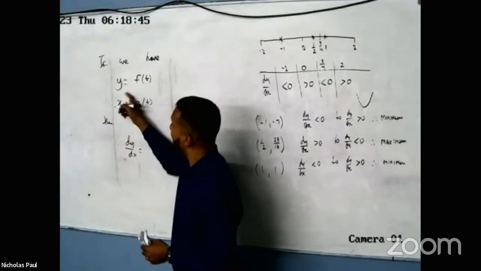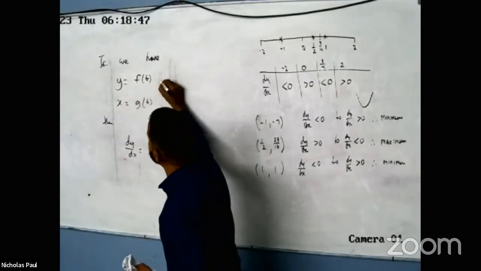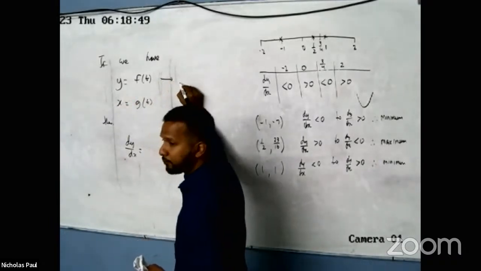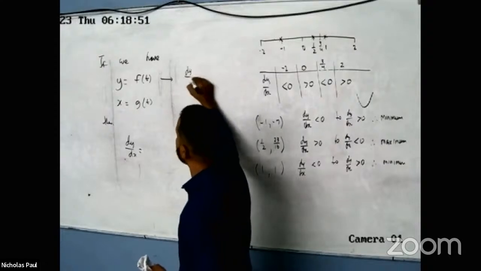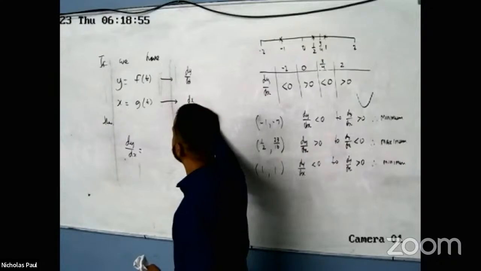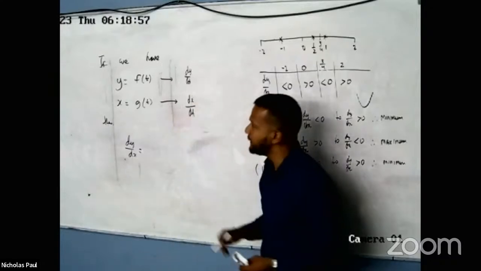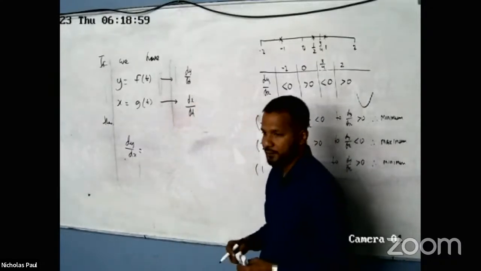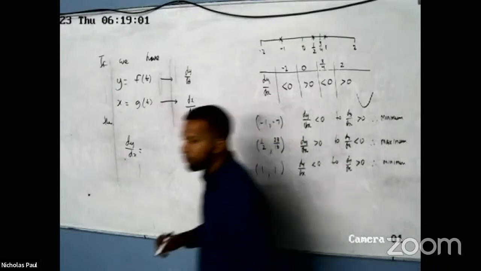I have y in terms of t. So if I differentiate this, what will I get? I'll get dy/dt, correct? If I differentiate x, I get dx/dt. So how do I move from dy/dt and dx/dt to dy/dx? Kind of like the chain rule.